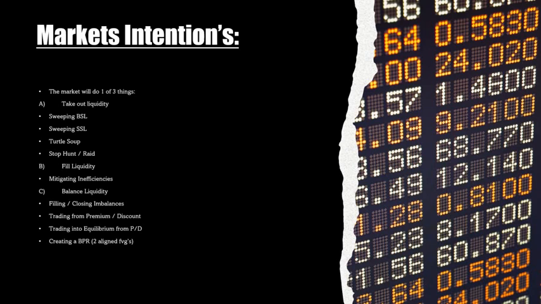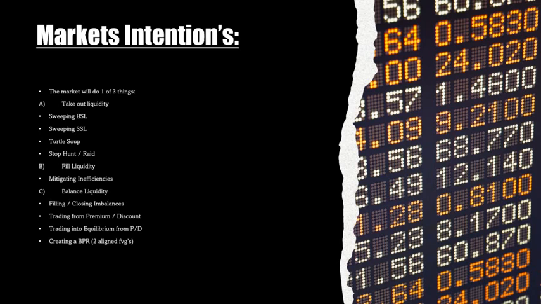So when price balances an inefficiency, that means it closes inside the gap, and then it rejects it. It doesn't close past the gap, and it doesn't close before the gap. It closes in the gap, and then it trades in the opposite direction, meaning it's rejecting it. So that is filling and closing an imbalance, and that is balancing liquidity.